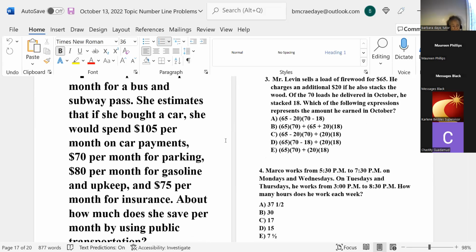What was your total? 230. Is it wrong? Check your calculation. Okay, for this question. Maureen, what did you get for your total for the car? 330.